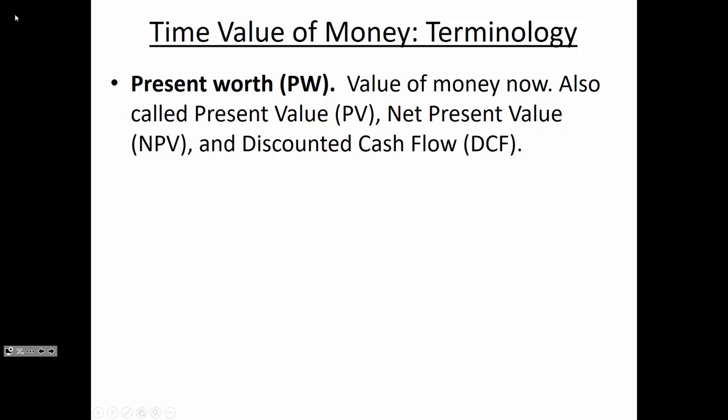And so this word discount is talking about the process of moving money from the future into the present so that you know how much it is today. And it's called discounting because money is worth less in the future than it is now. And so that $500 in year 10 is going to be worth less than $500 in today's terms. And so we would need to discount that quantity to find out its worth today.